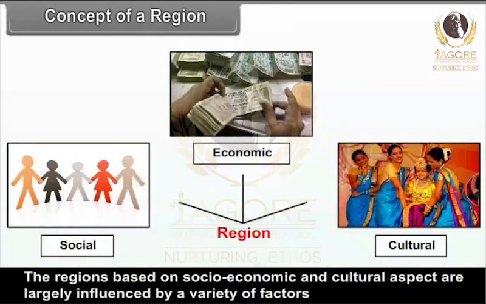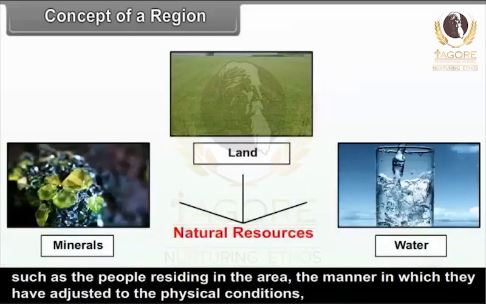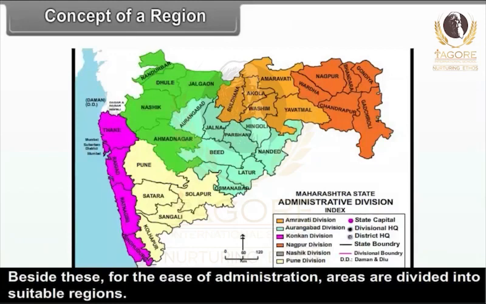The regions based on socio-economic and cultural aspects are largely influenced by a variety of factors such as the people residing in the area, the manner in which they have adjusted to the physical conditions, the way they utilize natural resources, etc. Besides these, for the ease of administration, areas are divided into suitable regions.